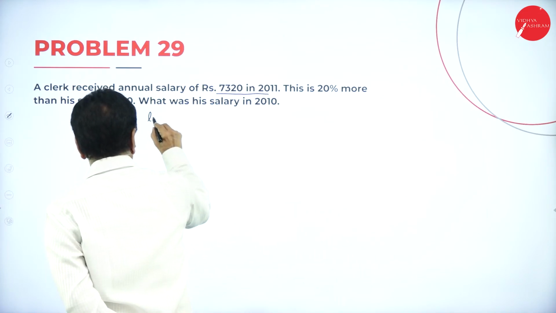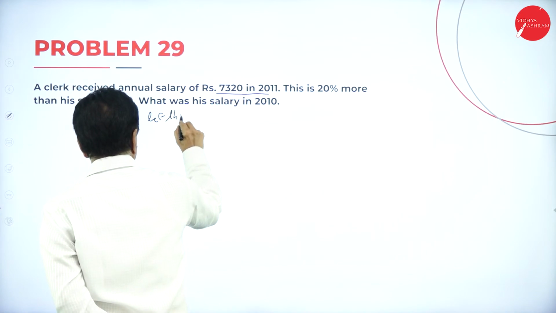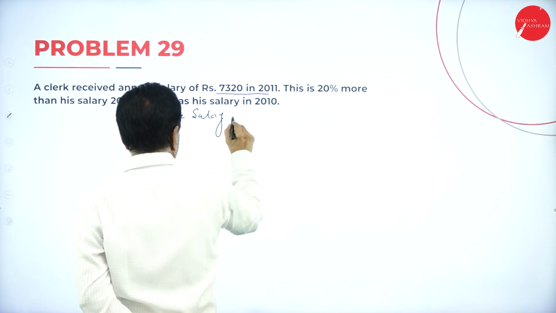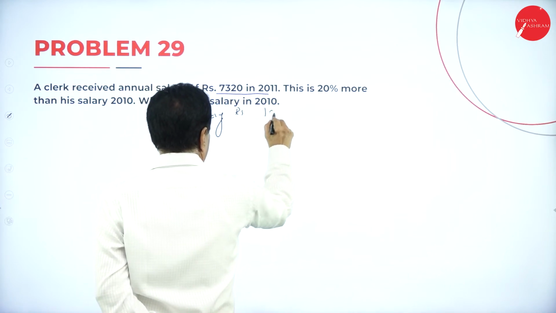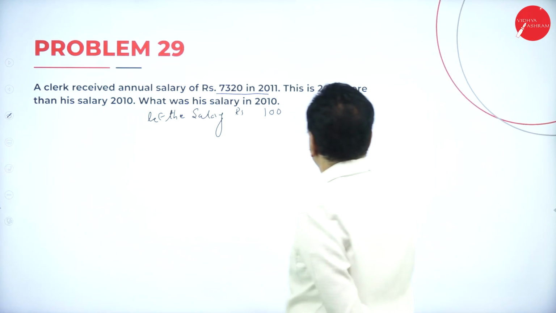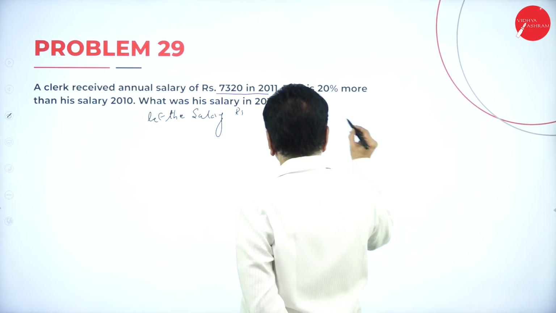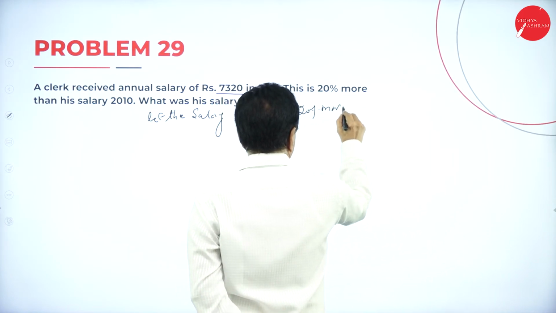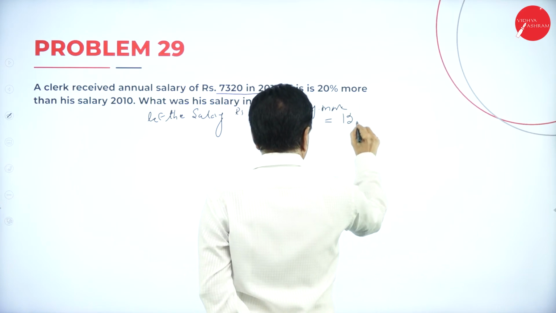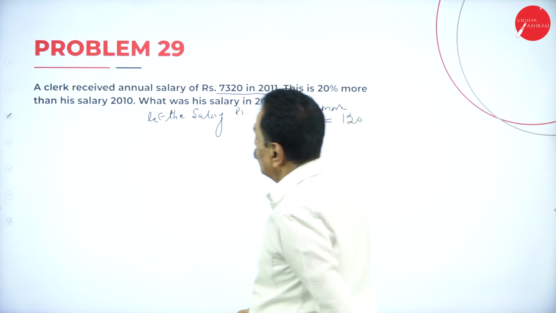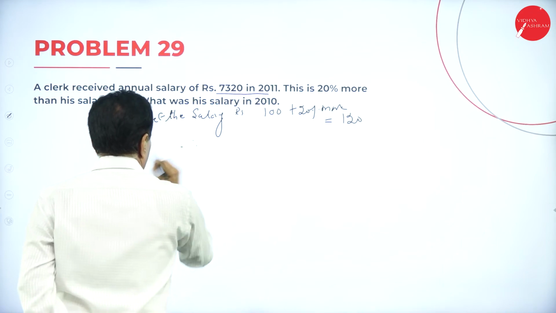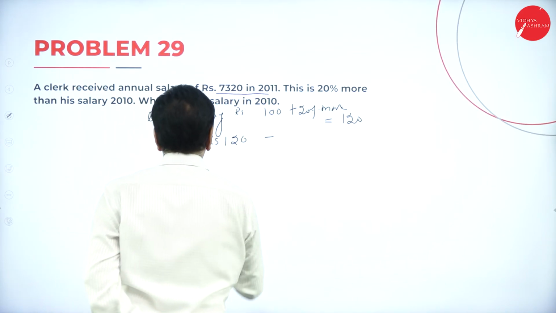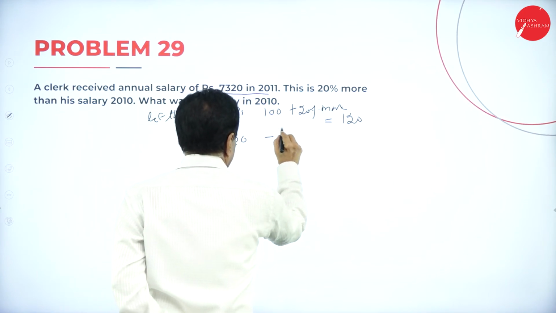Let the salary be rupees 100, plus 20% more this year, so 120. Therefore, for 120 it is 7,320.